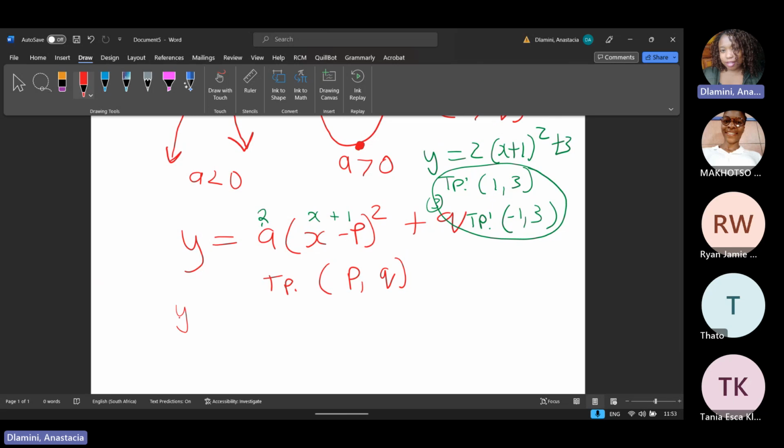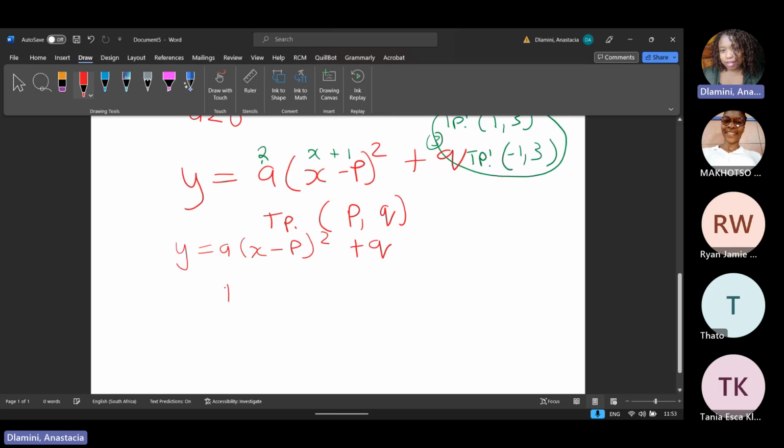If you are given y equals a(x minus p) squared plus q, and I ask you to find the coordinates of the turning point, you take whatever is inside the bracket and equate it to 0. So x minus p equals 0, therefore x equals p. That is your p. And then your q, you take it exactly the way it is. You don't change the sign. If it's positive, you take it positive. If it's negative, you take it the way it is.